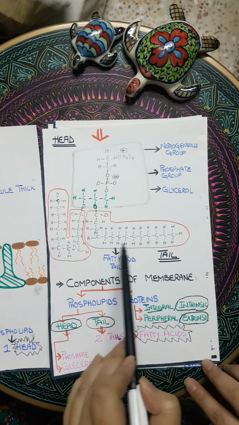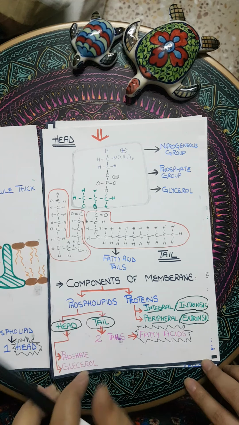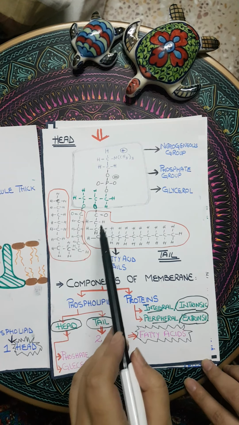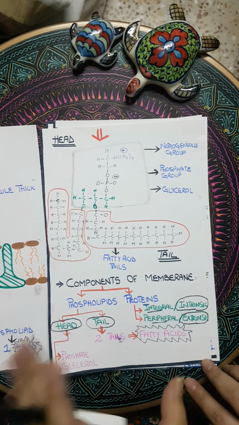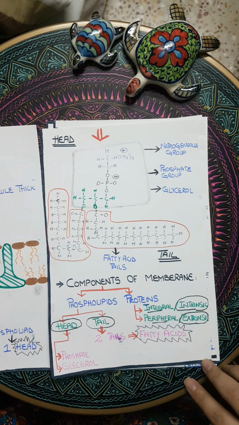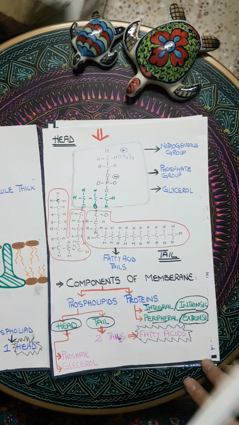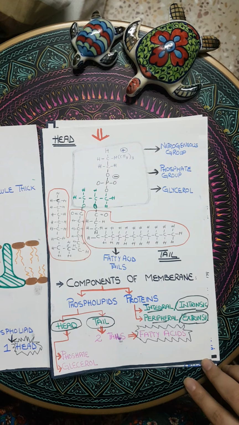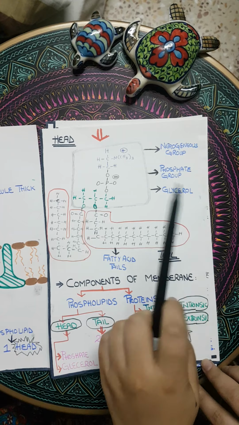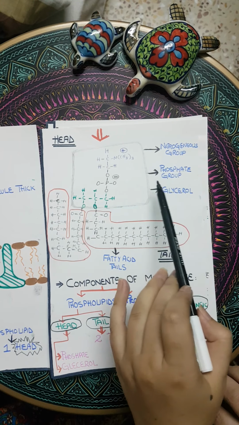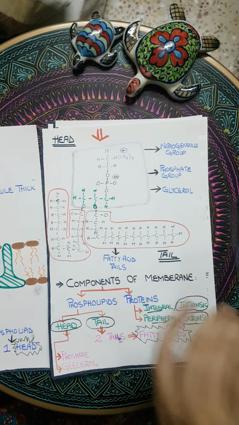As you can see, the tails are made up of organic chains, and because of their organic nature, these tails are hydrophobic. And the head here has a nitrogenous group, phosphate group, and glycerol.